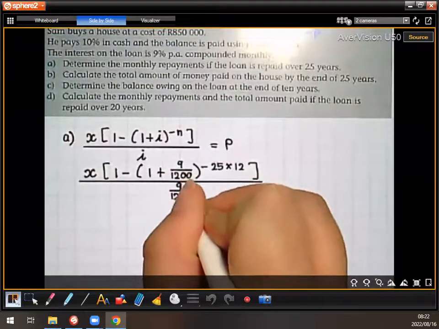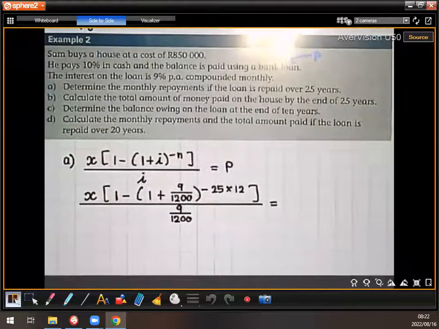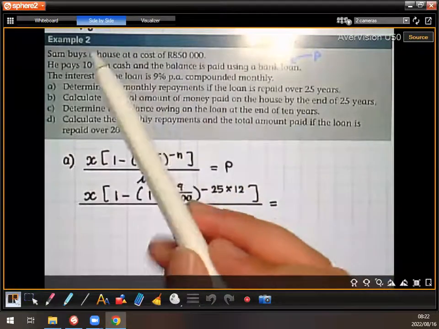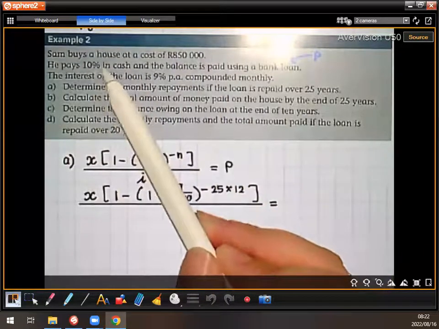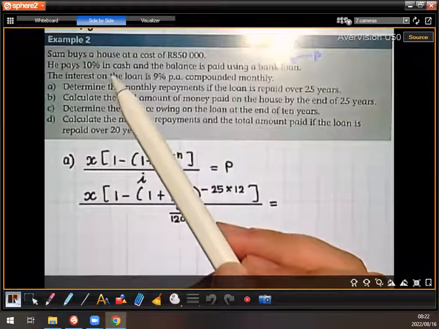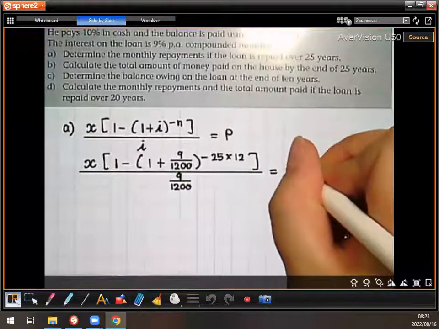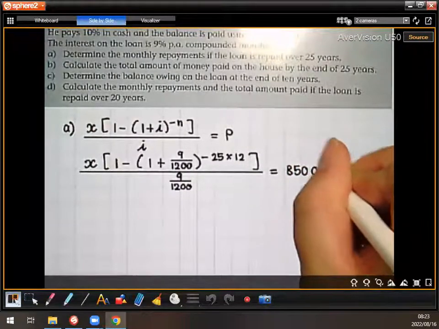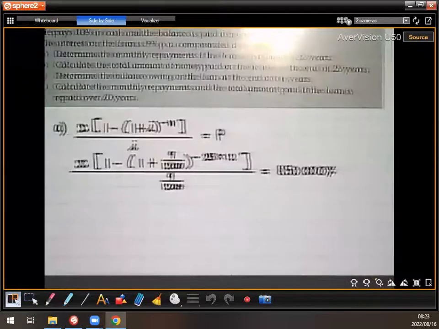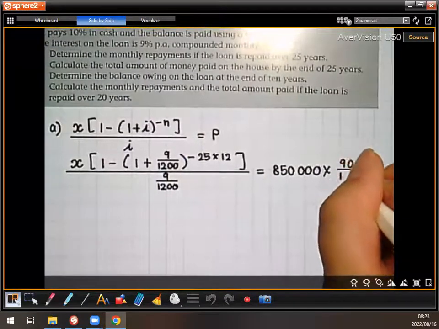Now, guys, is our present value 850,000? Is that the amount of the loan? No, it's 850,000 times what do we think? The deposit is 10%, so the loan is going to be 90%. So let's do that all in one calculation: 850,000 times 90 over 100, or 0.9 if you want.